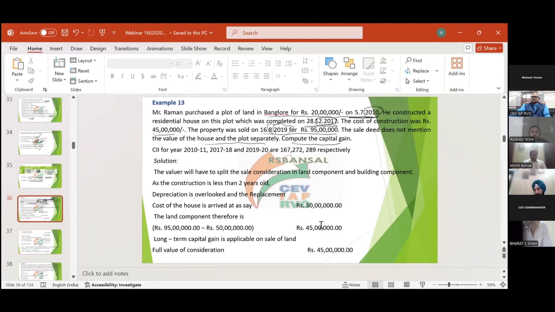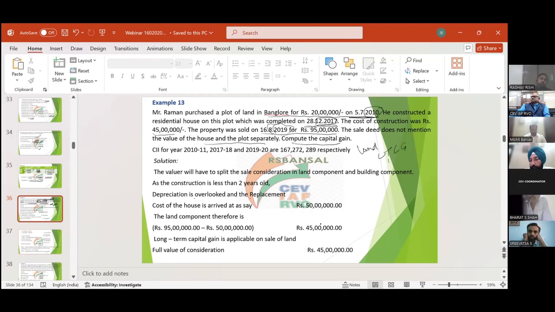So, land part will be subjected to long-term capital gain because purchased in 2010 and sold in 2019, which is more than 24 months. But the building was constructed on 12/2017 and the property was sold in August 2019.